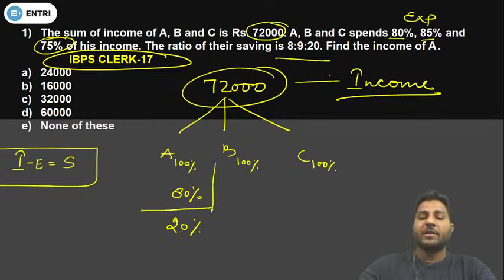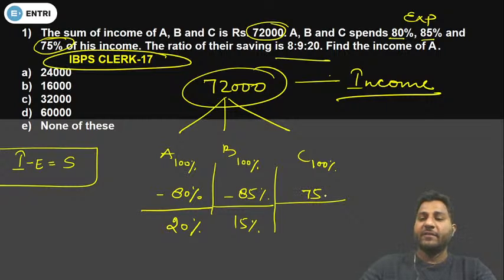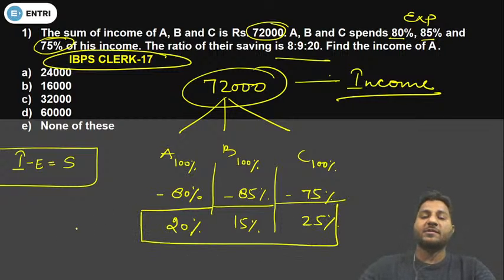The next person spends 85%, so is left with only 15% of saving. The third person has spent 75%, so is left with only 25% of saving.